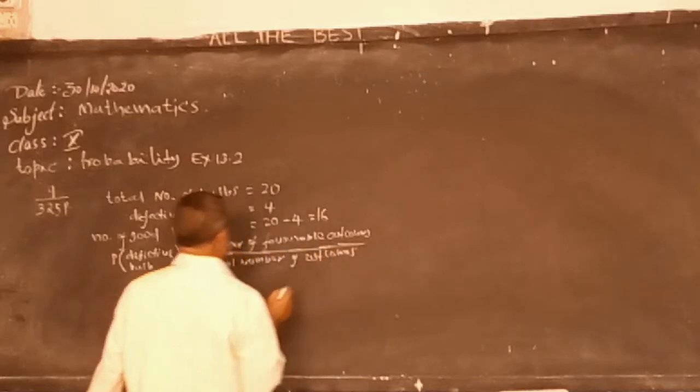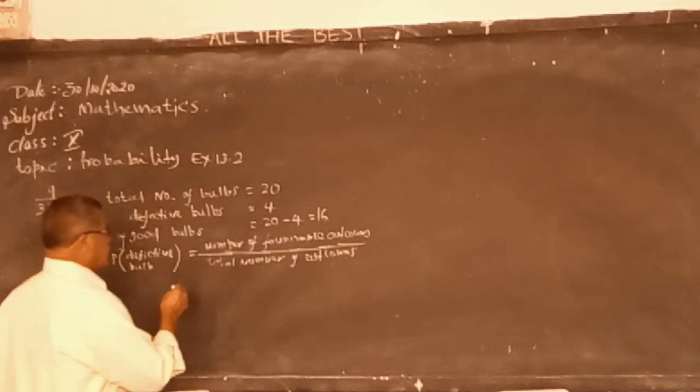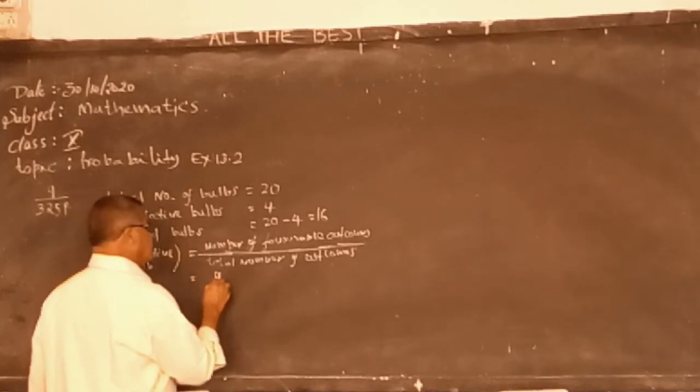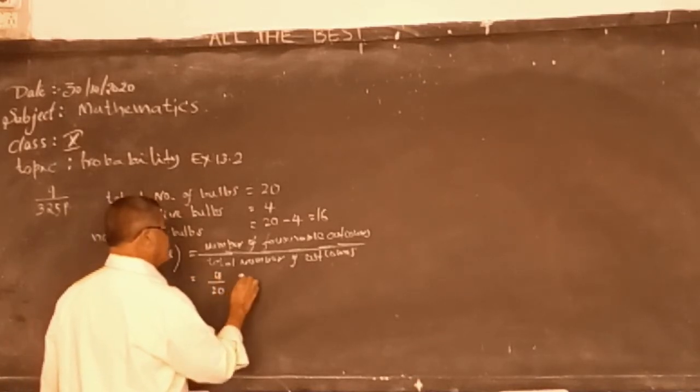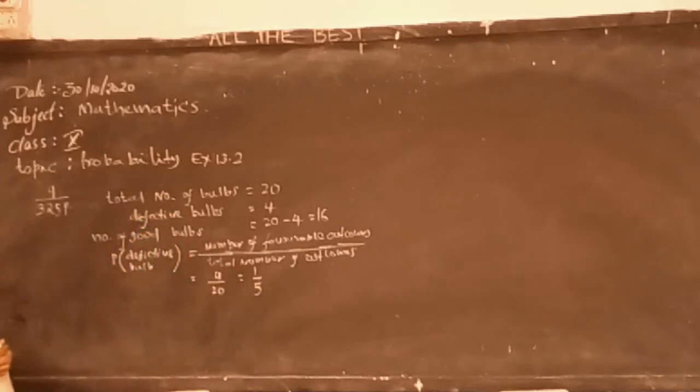Favorable outcomes, defective bulbs, are asked. So there are 4 defective bulbs out of 20. 4 fives are 20, so the answer is 1 by 5.